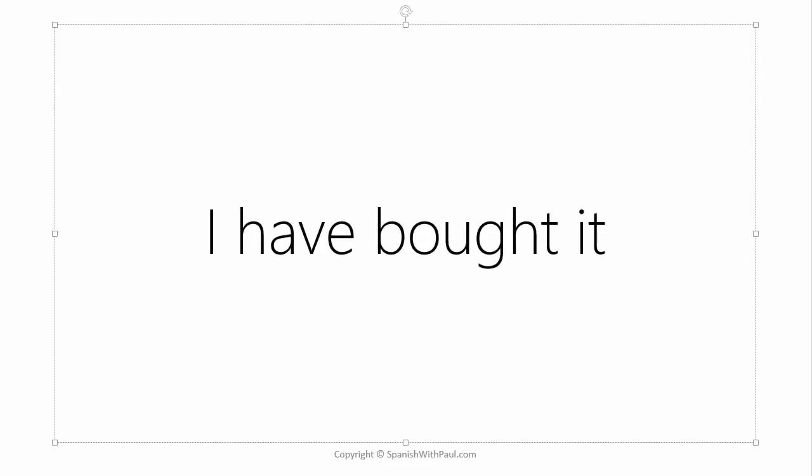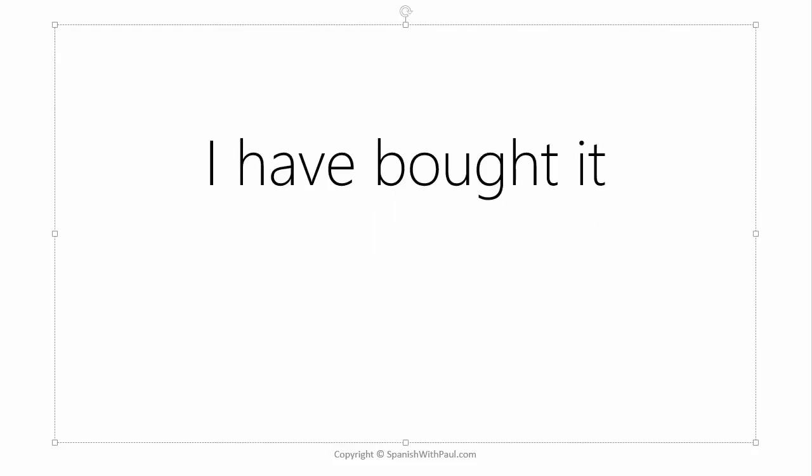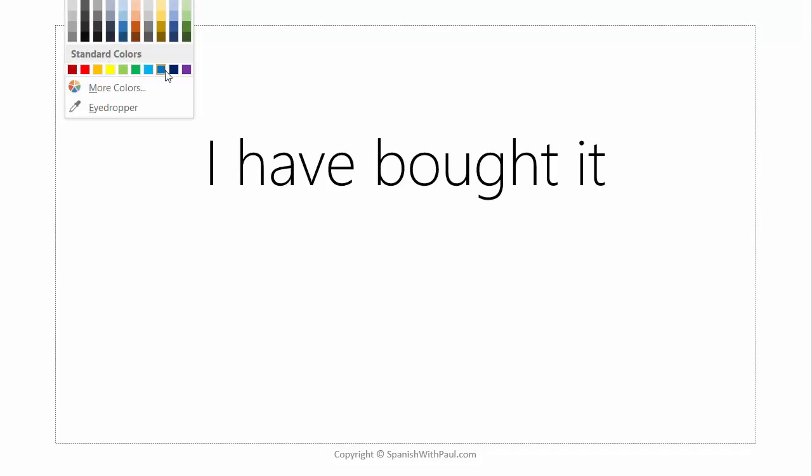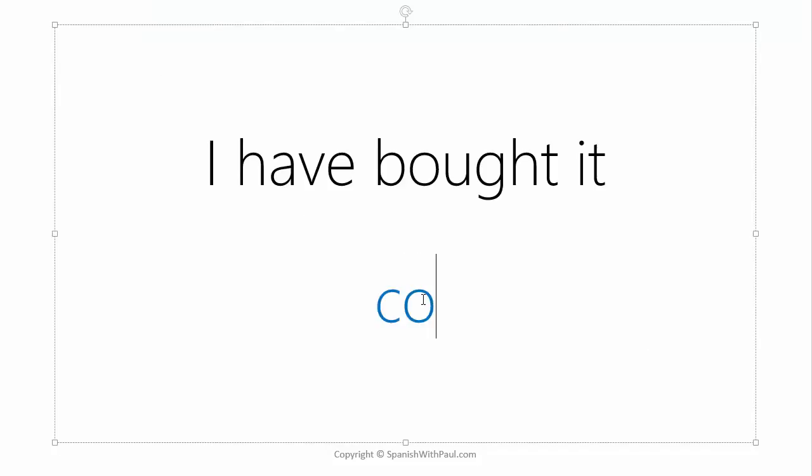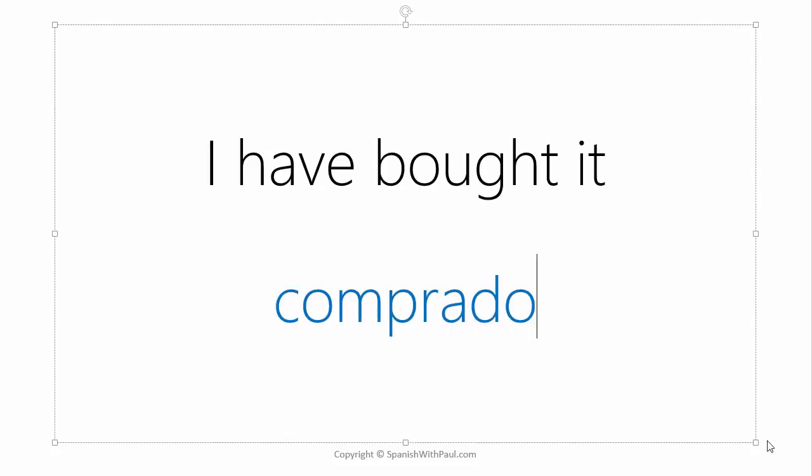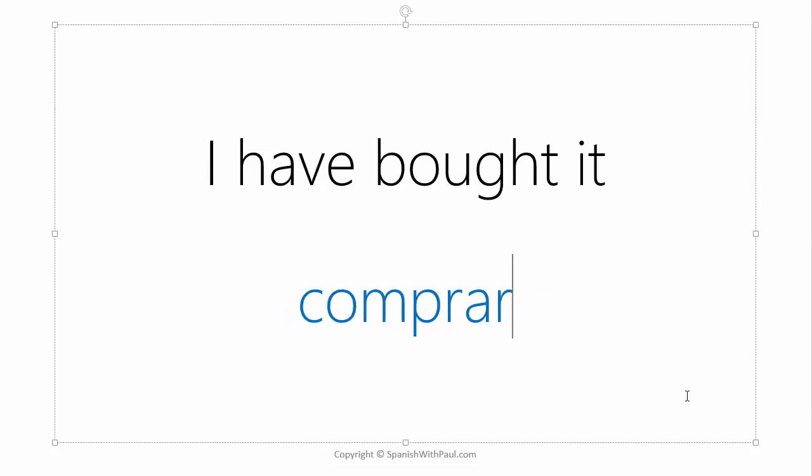Looking at our first example here, we have I have bought it. So let's go down a line and let's make this blue. So we have the verb comprar, to buy. Now what happens is this: with AR verbs, for bought in the past, this becomes comprado, this ado ending. And notice that I changed again, just manipulating and playing around with this AR ending.